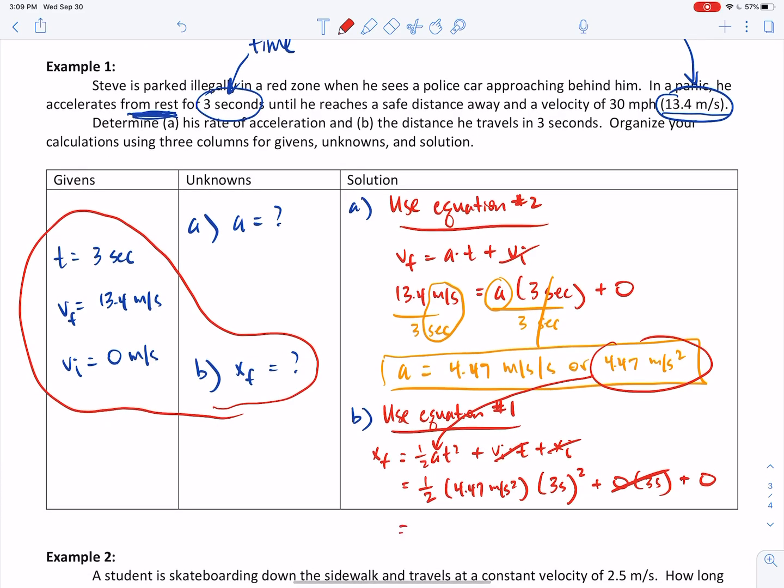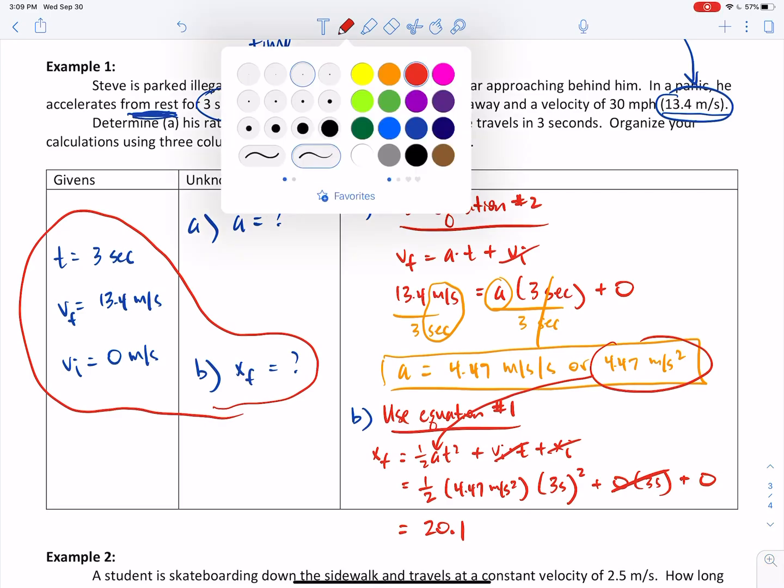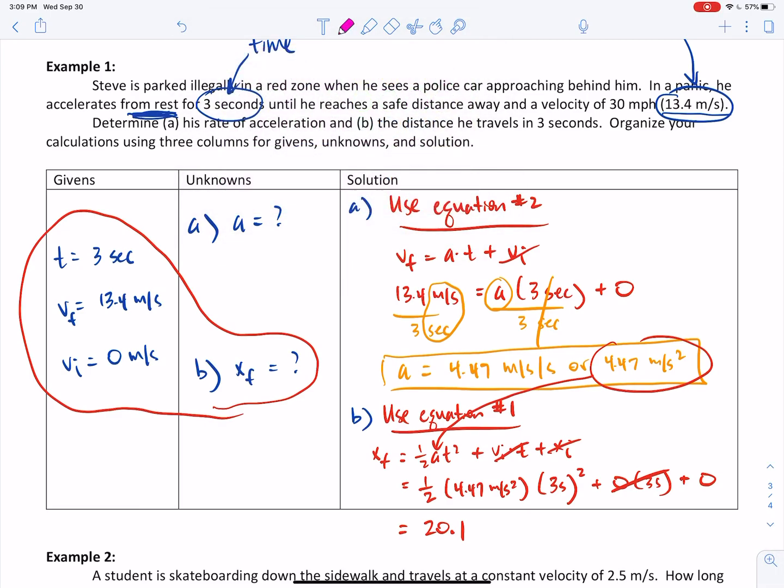And then if I go ahead and multiply this out, in my calculator, I would do 1/2 times 4.47 times 3 squared. I'm going to get 20.1. And then the units are a little bit tricky. Let's see if we can follow this. So I'm going to have 3 squared here, and I've got 3 squared on the denominator of this.